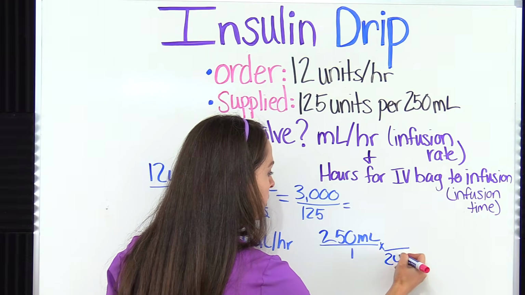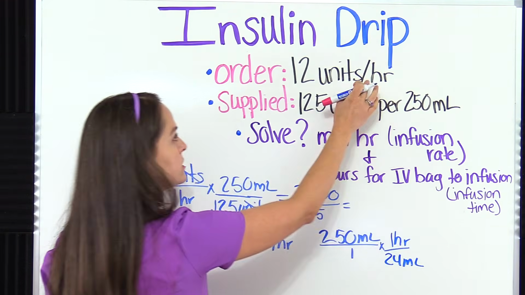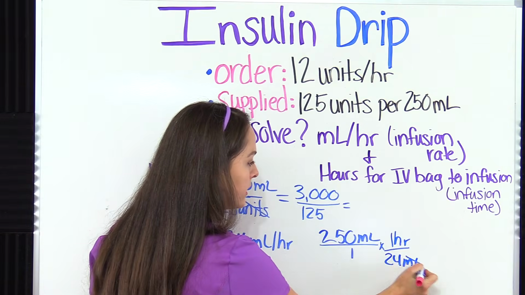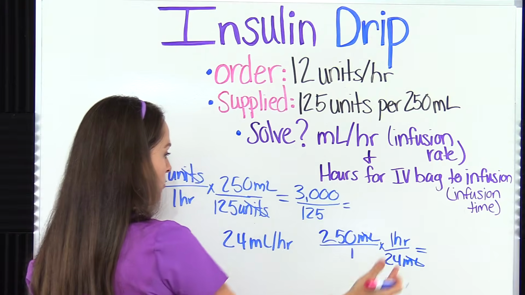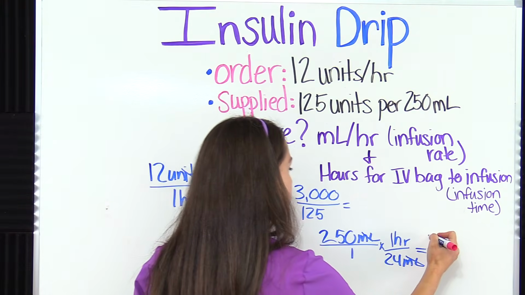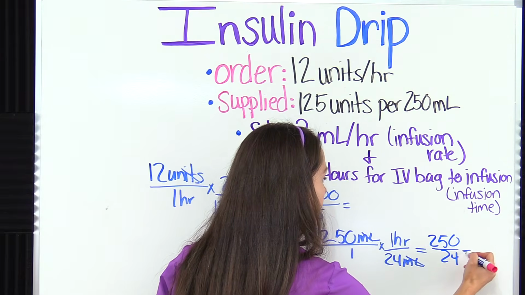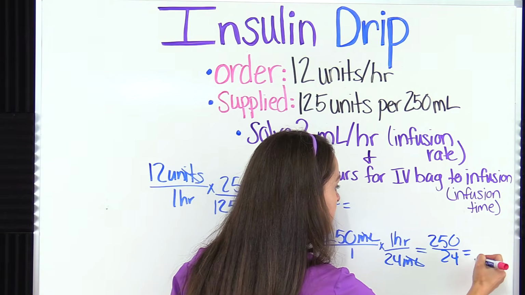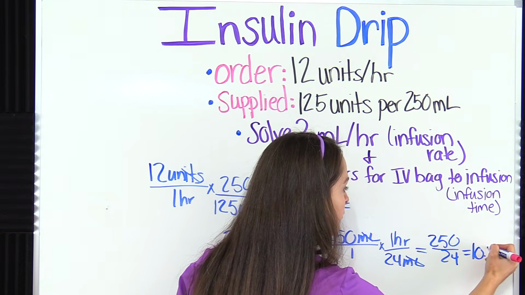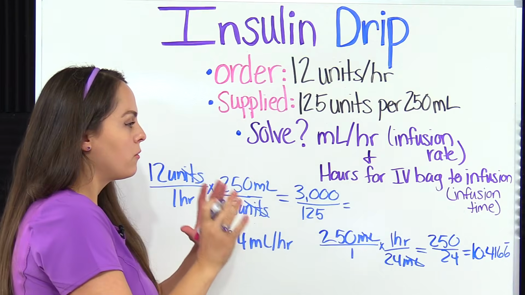So 24 milliliters is going to go in every hour to equal this 12 units per hour. So milliliters cancels out, and we're where we need to be in hours. So you get 250 over 24, and when we divide that out, we get 10.4166 repeating. So that's in hours.